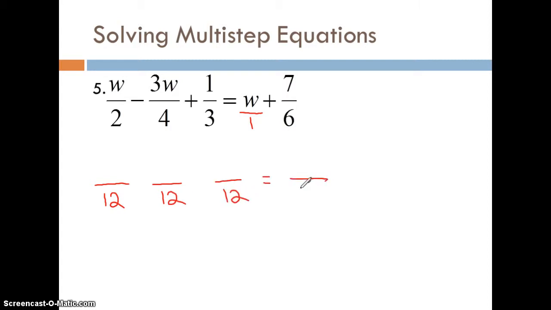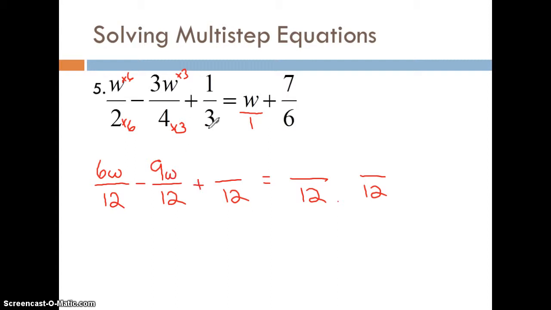Equals 12 and 12. So over here, 2 times 6 is 12, so w times 6 would be 6w. Keep the minus. 4 times 3, 3w times 3 is 9w.